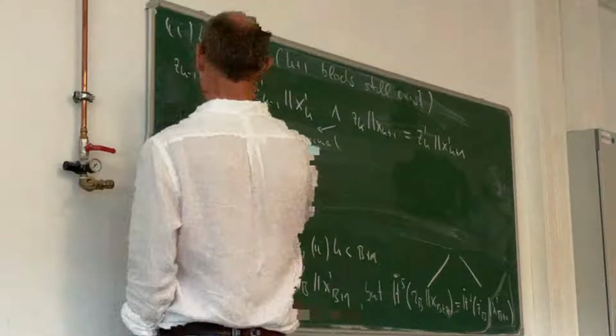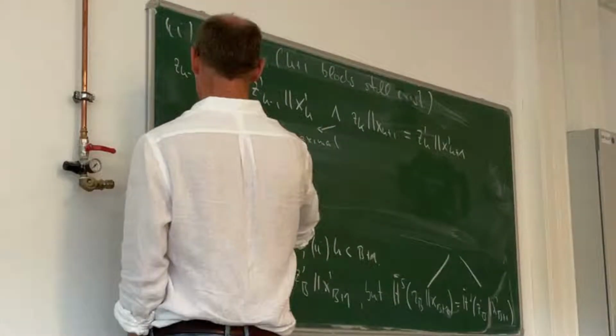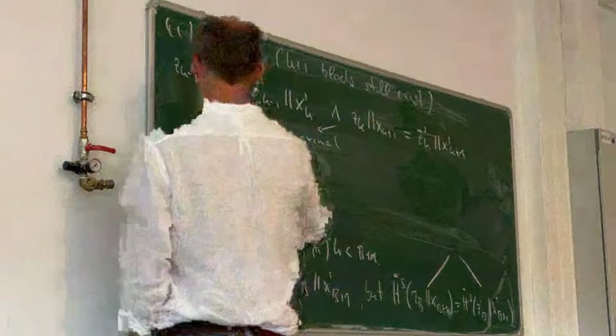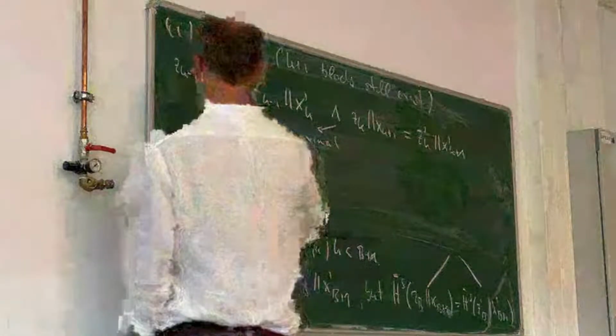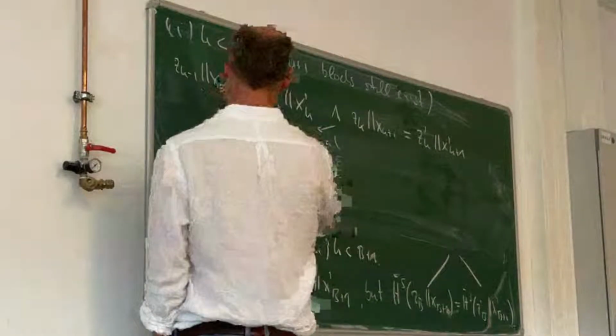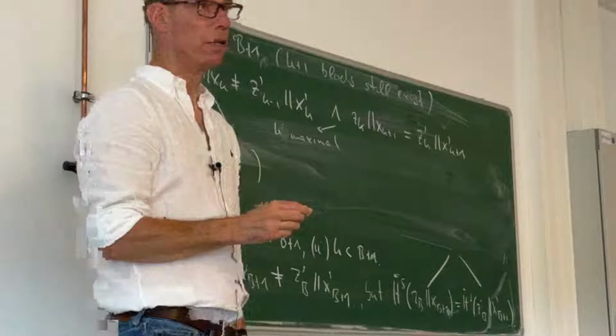Well, and now you know what we do, because z_k is h bar of s of this value, right?